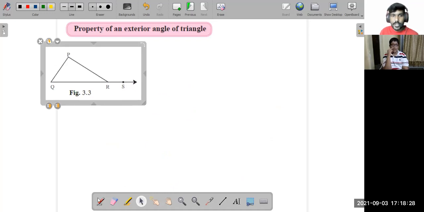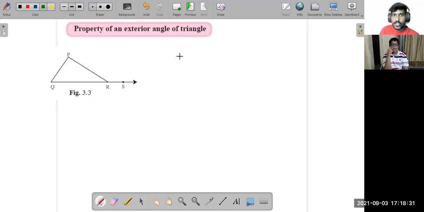In this triangle, can you tell me which is the exterior angle? PRS. Yes.